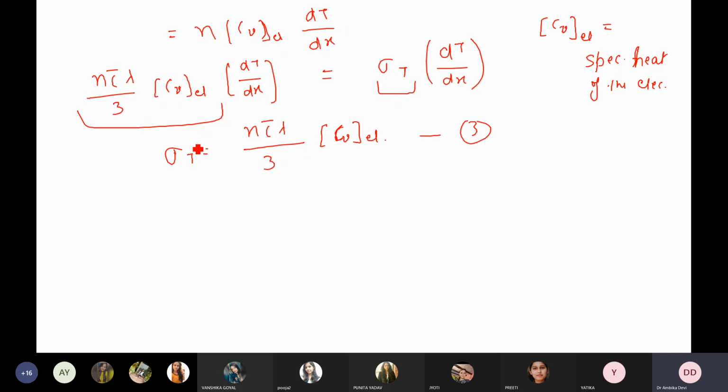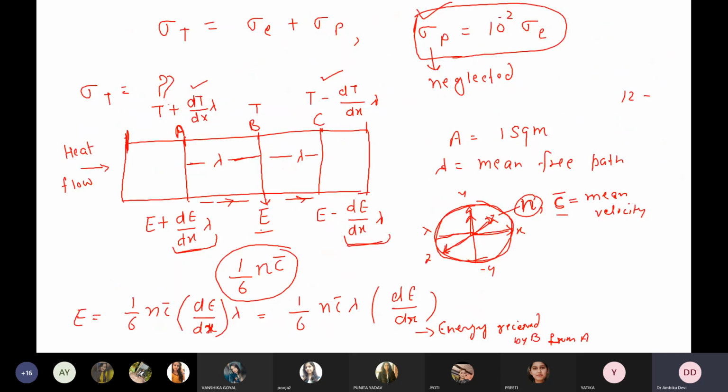So this is the situation when we are taking the classical conditions. Classical condition means, see, what did we do here? We considered the mean velocity. C bar was the mean velocity of electrons. It means that this was the situation where heat flow was taking place, right?